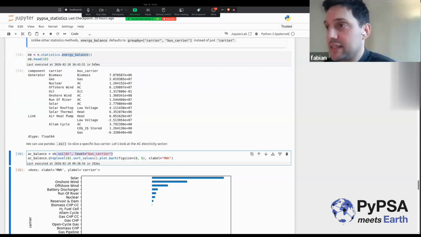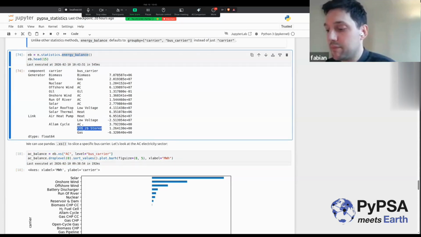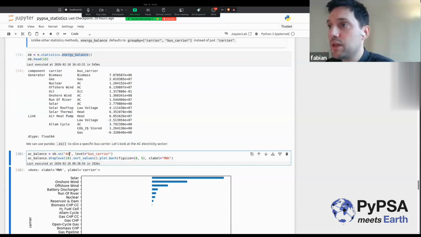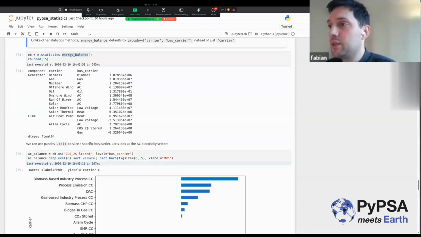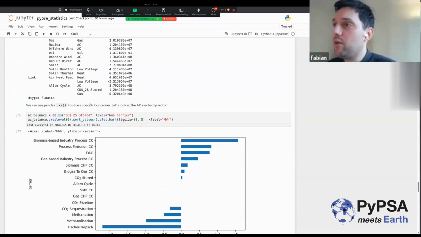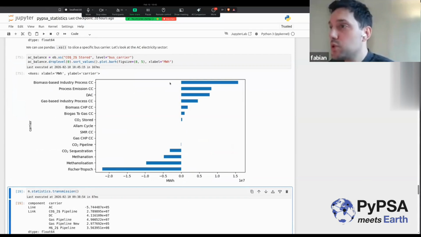Now you have xs as a pandas operation. So you're selecting now the AC bus carrier, but you can also think about perhaps plugging in something like CO2 stored. And then you would see what's actually now the energy balance in the CO2 stored sector or bus carrier. And then you would see, okay, these are the technologies that are actually producing and consuming from this carrier.